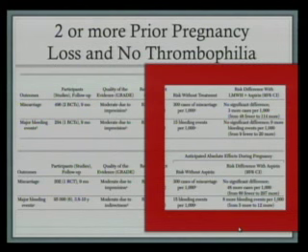So this is at the top, and as you can see, there's no significant difference there. The bottom table summarizes the randomized control trial in women who have had 2 or more unexplained miscarriages that they gave aspirin to. And so, again, there is no significant difference there.